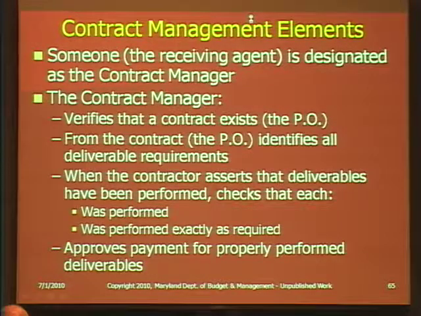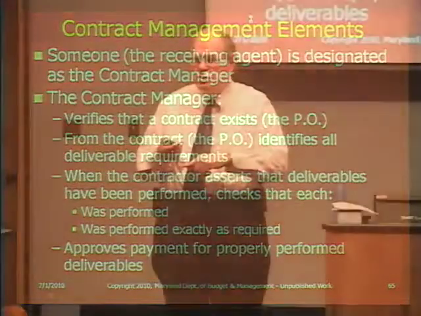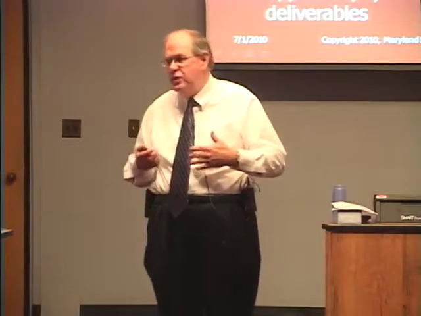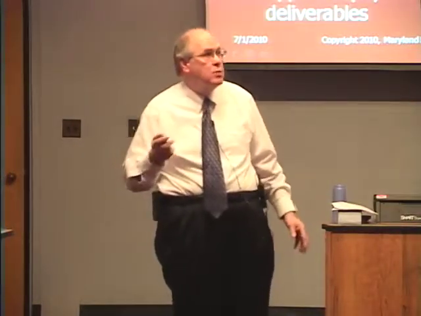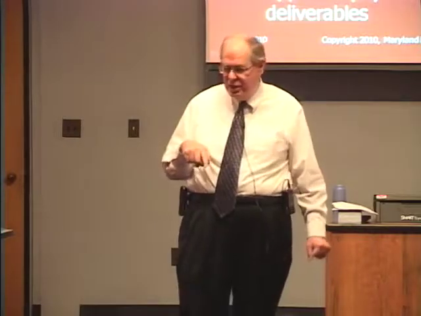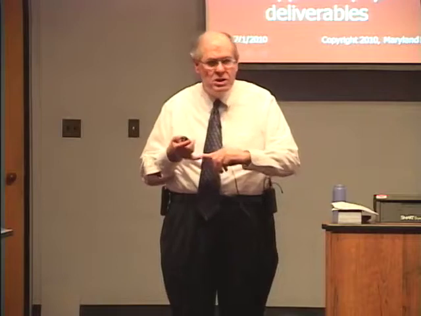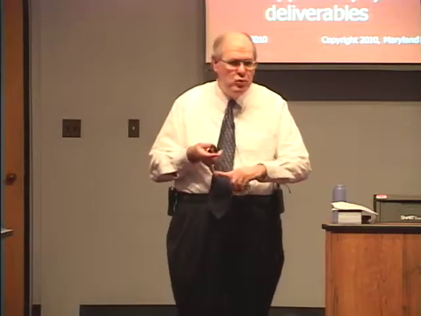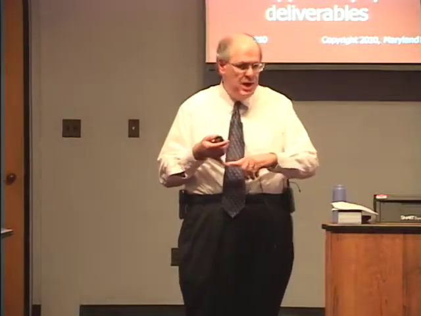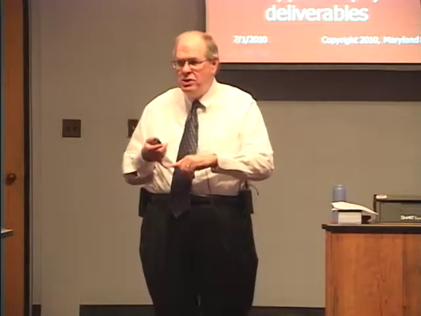Because to do otherwise might mean that vendors are sending things in and getting paid for things that we never asked for, we didn't want, and we shouldn't be paying for things we didn't order. That's simple. Plus, there are controls in place. Contracts have to be in existence. They can't be expired. They have to be approved, and you want to make sure all that has happened. So you want to make sure a contract is in place.